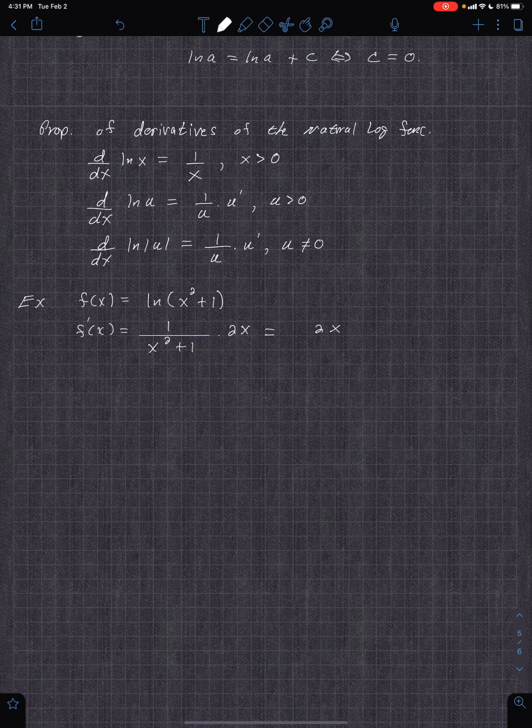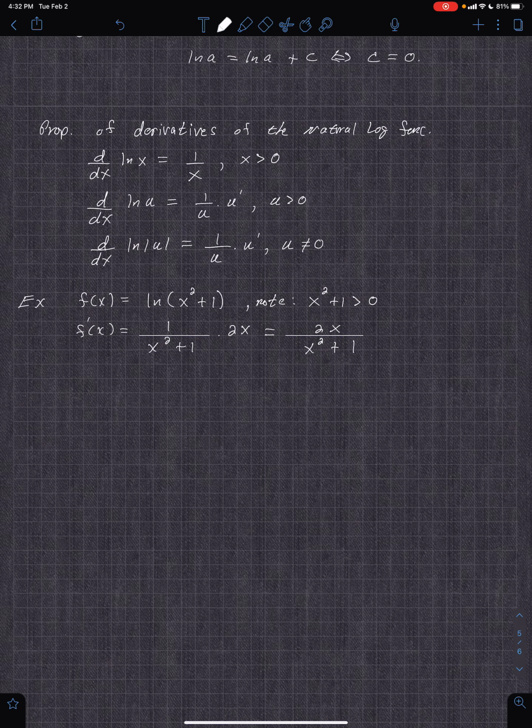So you normally write that as 2x over x squared plus 1. Note here that x squared plus 1 is always positive. They often just kind of ignore that. I have to say, they're not real careful about that being positive. So this next example, for example, is assumed to be positive, but I'll show you the next one.